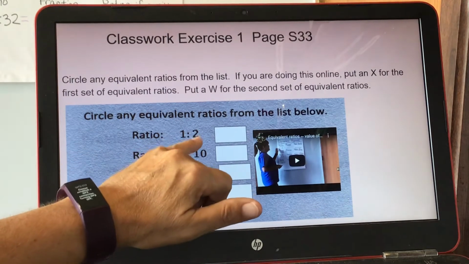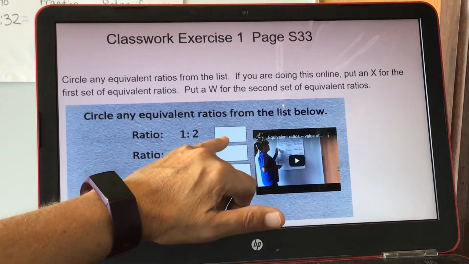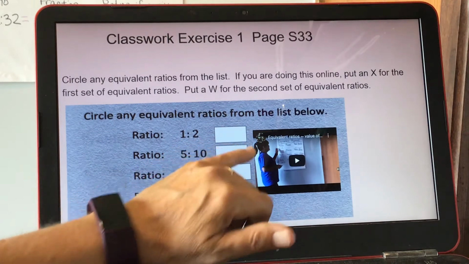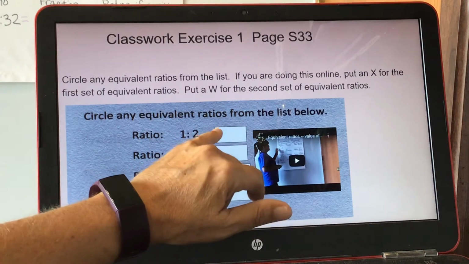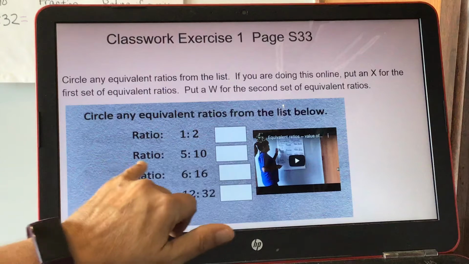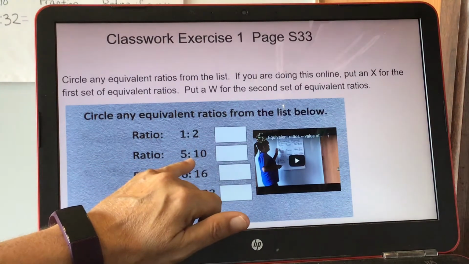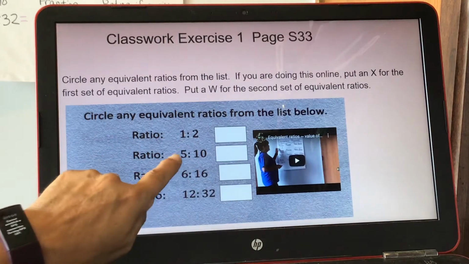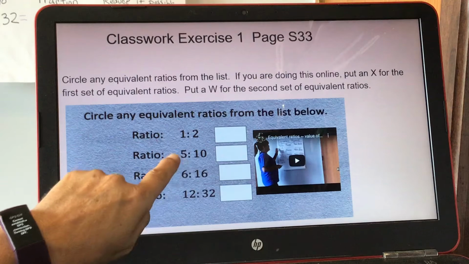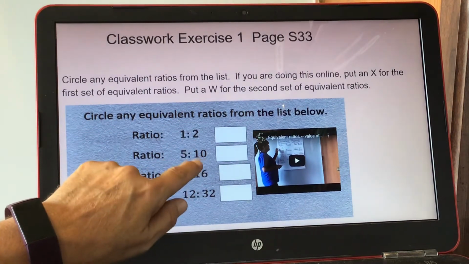So the ratio 1 to 2, I'm going to change it into a fraction, and it's 1 over 2, okay? And if you watch the video, they'll also tell you the value of the ratio. And this ratio, 5 over 10, I would make it into a fraction, and then I could reduce it, meaning there's a number that goes into both these numbers with no leftovers, the numerator and the denominator, by 5.